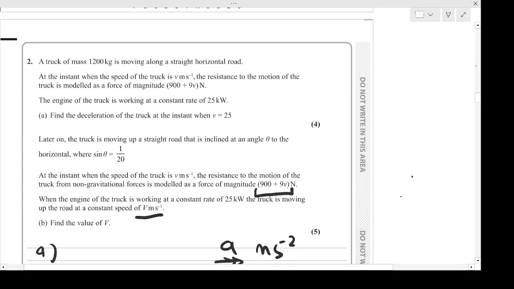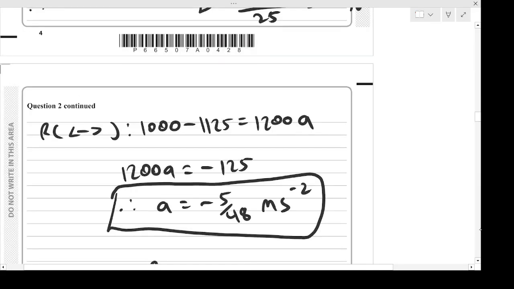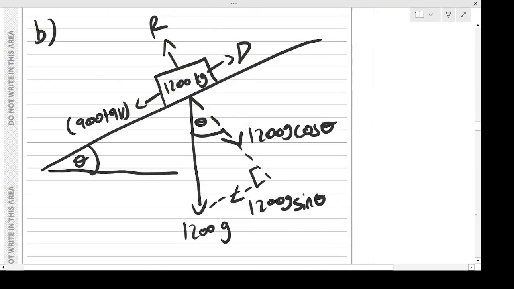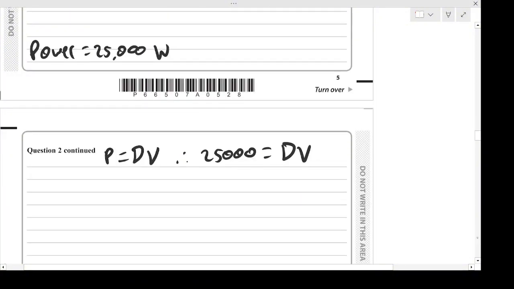The final thing to note is with the speed, it's constant, which means no acceleration. Okay, so acceleration is 0, which means the acceleration up the ramp is actually going to be 0 meters per second squared. And so with that in mind, I immediately now think about resolving using F equals ma.